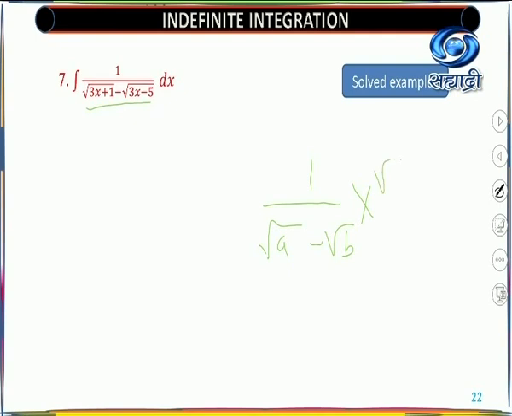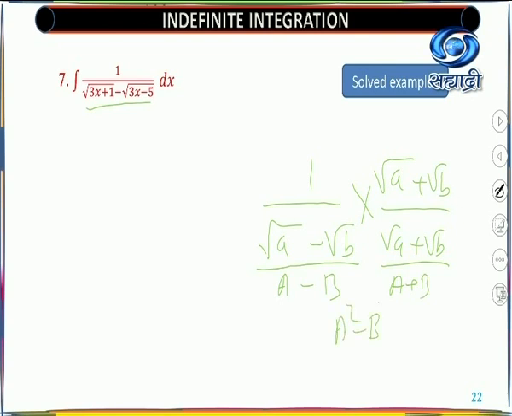The conjugate is root a plus root b upon root a plus root b. By that you are able to simplify the function, because this is like (a plus b)(a minus b), which gives a square minus b square, so the root sign in the denominator gets simplified, and it is easy to integrate.